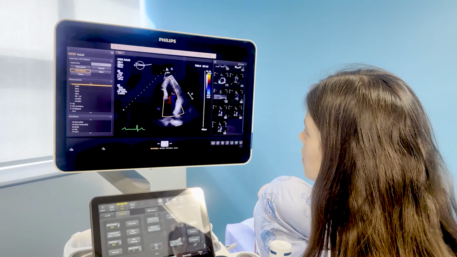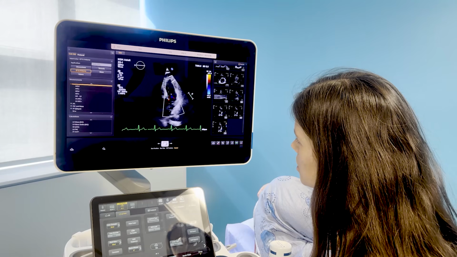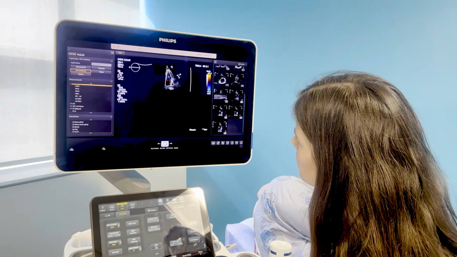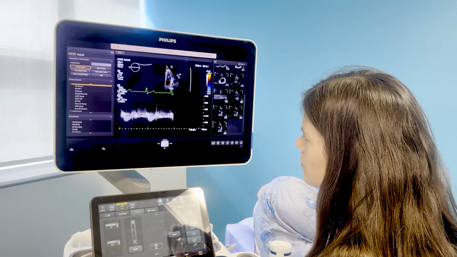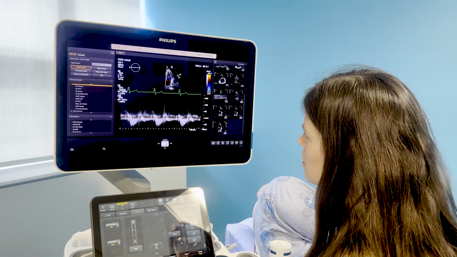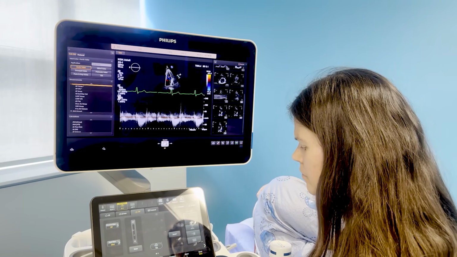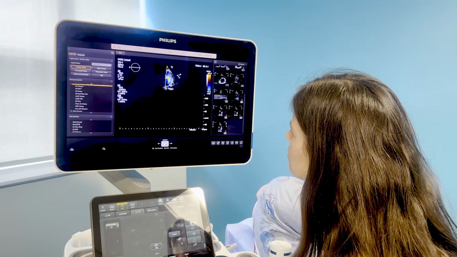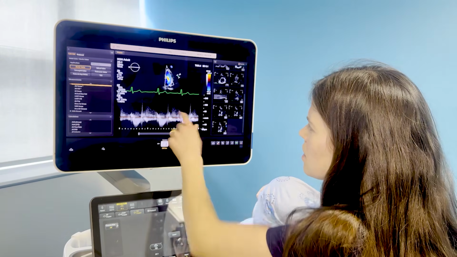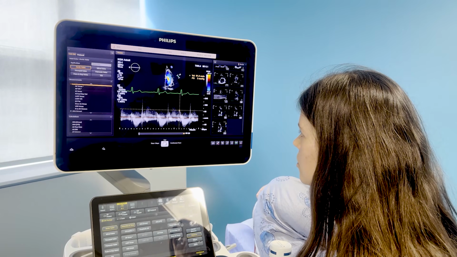And then again, you want your cursor to be very parallel to flow, and I'm just trying to line it up with that jet that I see. Just optimizing my scale a bit. Not much PR there. You can kind of see the end diastole there. Okay. Great. And then you can just place a cursor right on that.